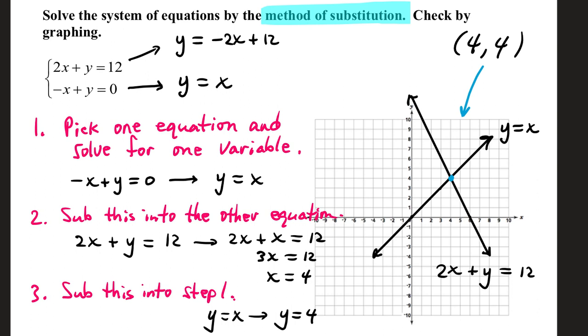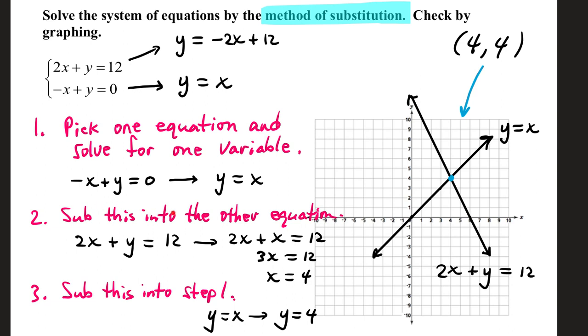What we did was we picked the second equation and we isolated y by adding x to both sides. So step one, we picked an equation, we isolated a variable, y equals x. In step two, you go to the other equation, the one you didn't use, and substitute that variable with what you found in step one.